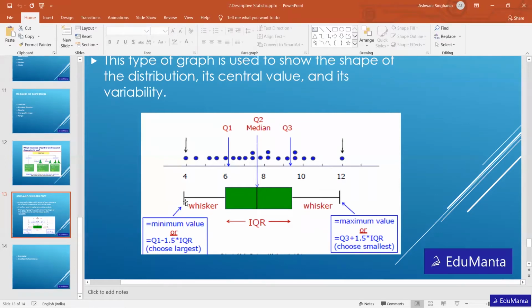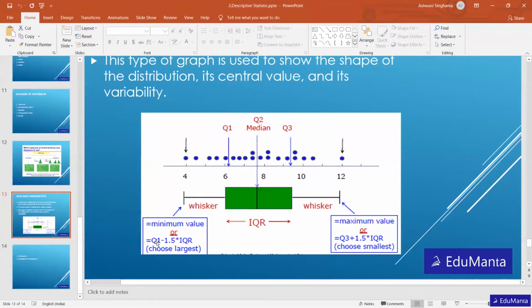We have to decide which value will be at the end of the tail. It can be one of two values. For example, for the left side tail end, either we can put the minimum value, or Q1 minus 1.5 multiplied by interquartile range.